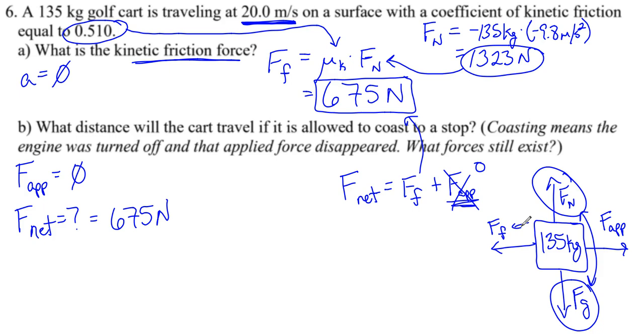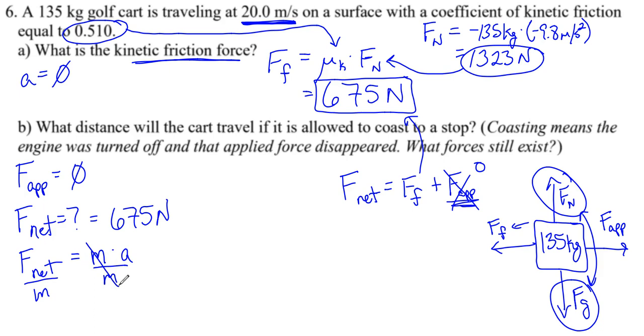And that means that we can now determine our acceleration, because the net force is equal to mass times acceleration. To determine our acceleration, we just divide both sides by mass.